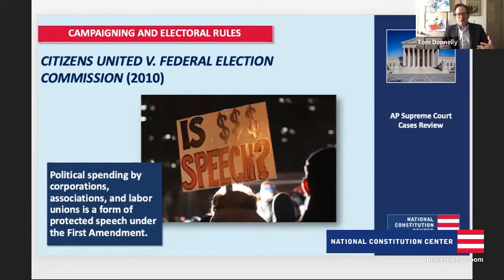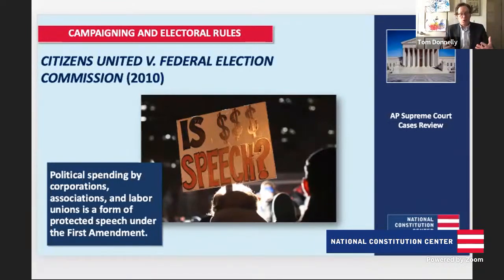And the law itself that's challenged here under the First Amendment effectively banned political spending by corporations and labor unions. And so the idea being some of the money that was used to fund this film that was attacking Hillary Clinton during the presidential campaign of 2008 came from the general treasury funds of corporations.